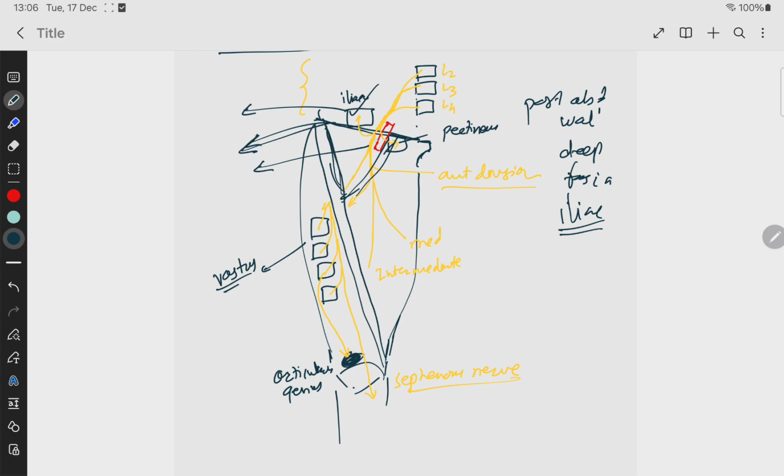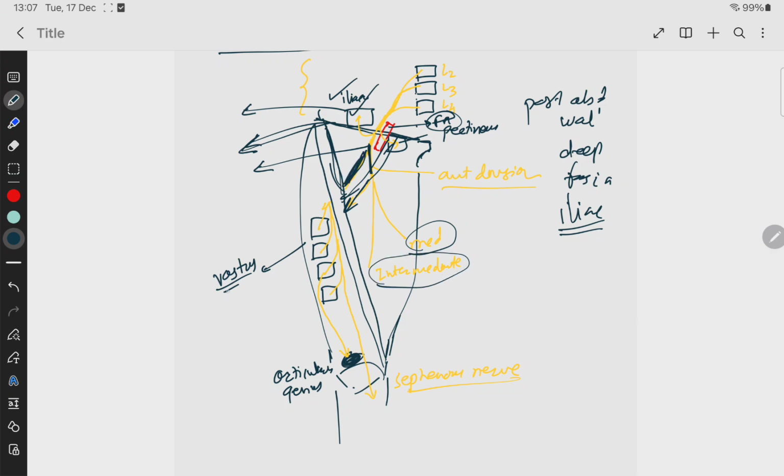In the femoral triangle, it lies lateral to the femoral artery, and then immediately divides into two branches, anterior division and posterior division. Then the anterior division supplies the sartorius muscle, and gives two cutaneous branches, medial and intermediate cutaneous nerve of thigh.